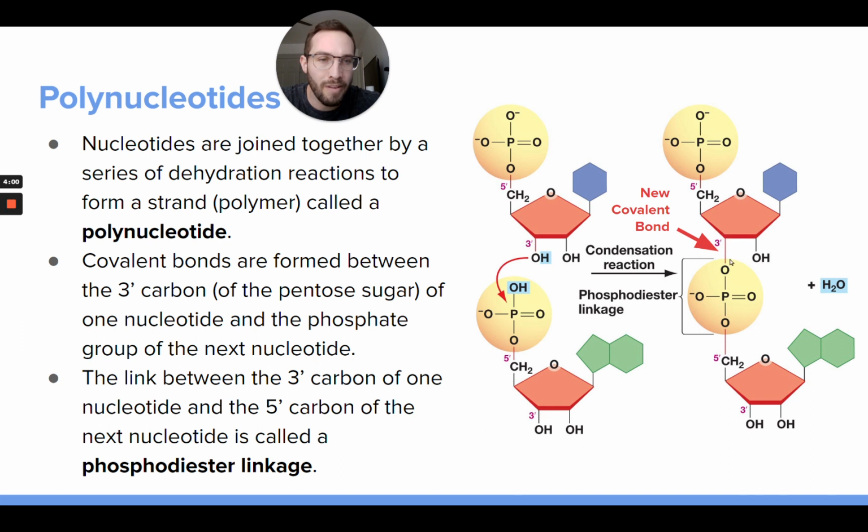So you form this new covalent bond right here between the 3' carbon on this sugar of one of these nucleotides and the phosphate group on this other nucleotide. And we call this a phosphodiester bond. Or we just refer to this region between the 3' carbon of this sugar and the 5' carbon of this next sugar as a phosphodiester linkage, which is joining these nucleotides together in a DNA strand.